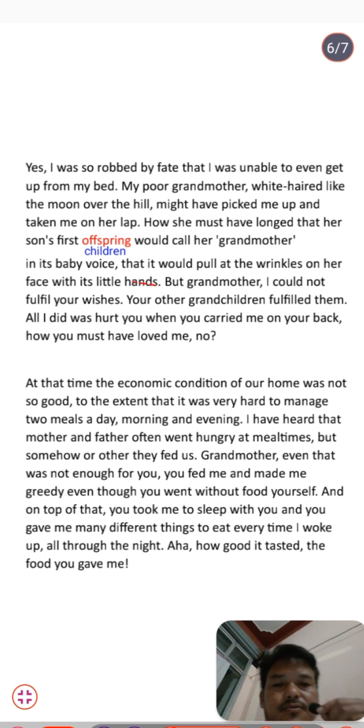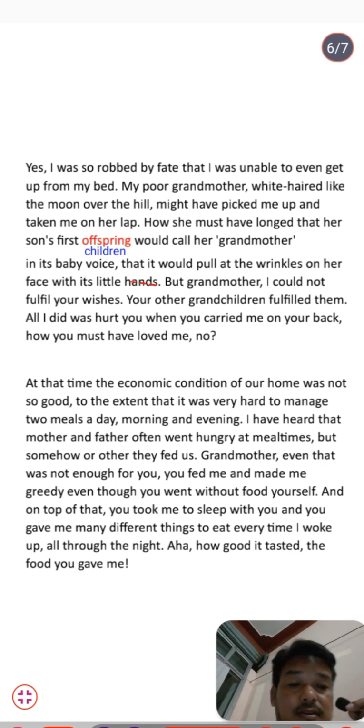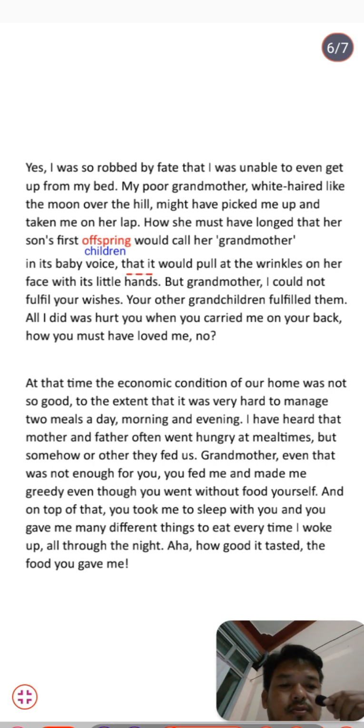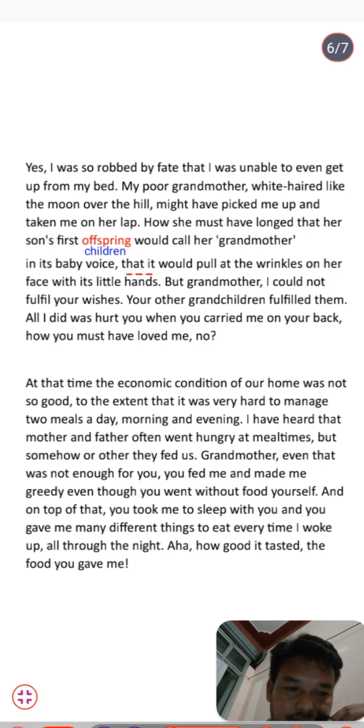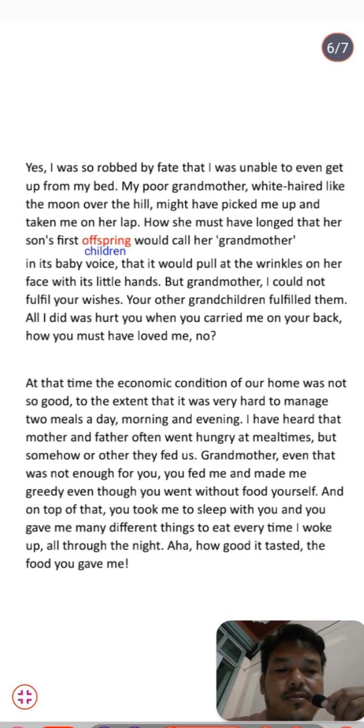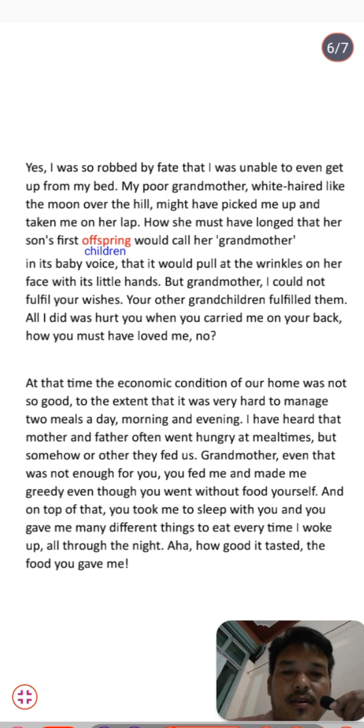In this paragraph, students, she expresses that in its little child voice, it would pull at the wrinkles all over her face with its little hand, meaning the baby's little hand. But grandmother, I could not fulfill your wishes.